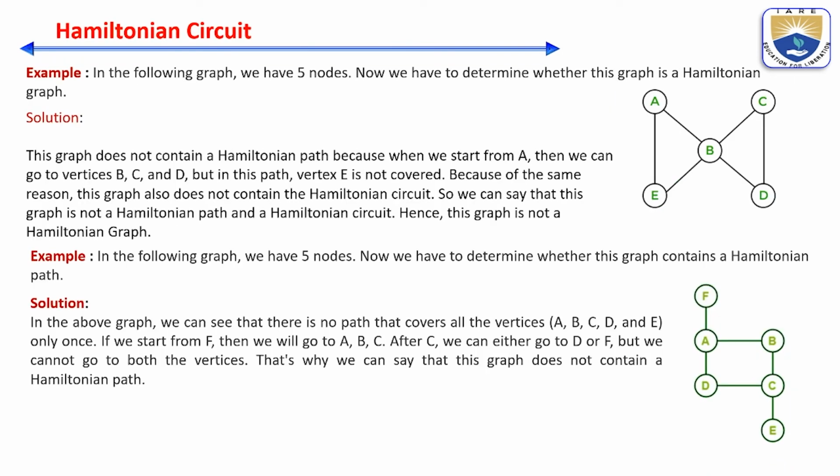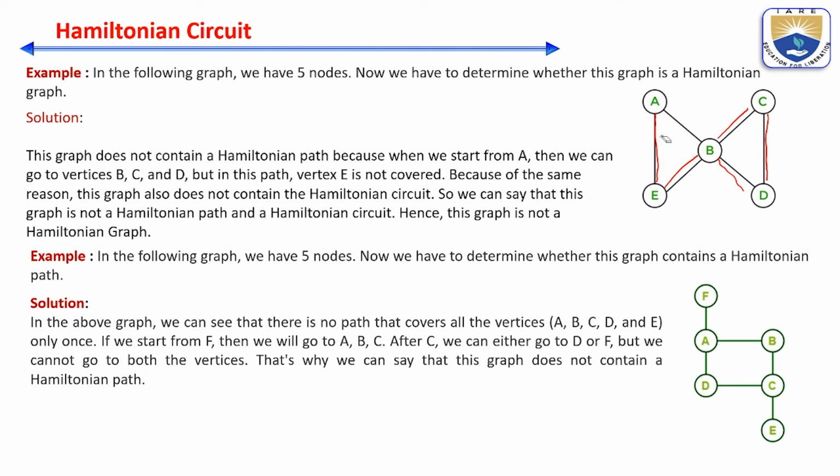Now here, in the following graph, is it possible to get a Hamiltonian cycle, a Hamiltonian circuit, or not? Let us say A to E, E to B, then B to C, C to D, and next I am going to move from D to B. No, it is not possible.